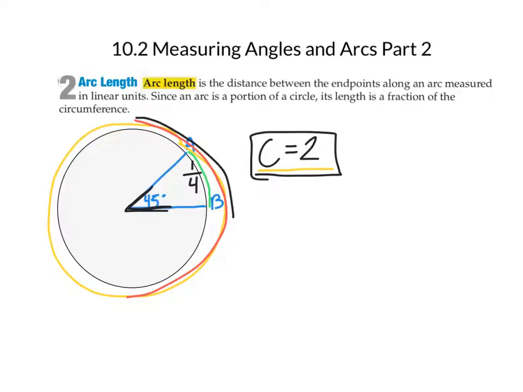Figure out, if I know what the circumference of the circle is, how can I figure out what the arc length would be for that 90-degree angle? Try it for a 180-degree angle for a semicircle. Try it with a couple different examples, and then see if you can notice a pattern happening. That pattern is going to turn into the formula.